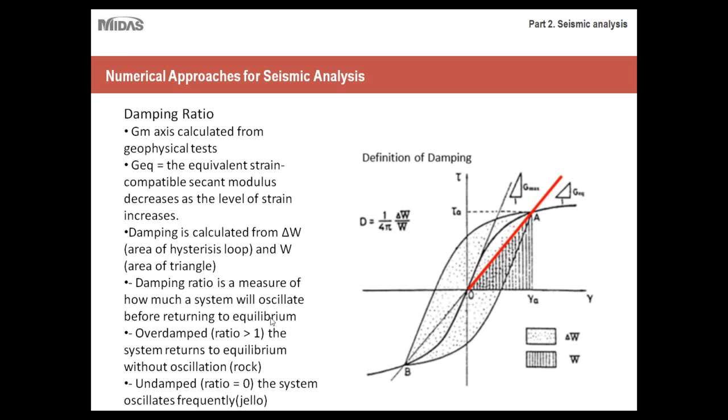Whereas if it's closer to 0, the more it'll give way to seismic oscillations even after the earthquake is gone. And once again, I won't go into too much detail about the loop itself, but just keep in mind that your damping ratio is directly related to a model such as this.